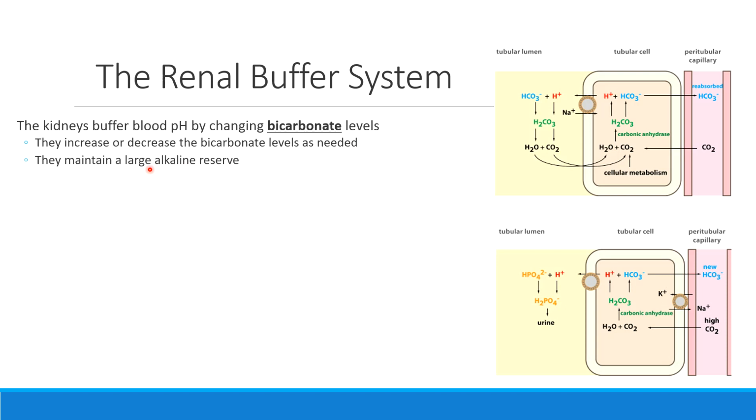Now, if you remember, we said that the kidneys create a very large alkaline reserve, meaning we're always going to be reabsorbing more bicarbonate than we're releasing. We always want to have this on standby because, remember, metabolism leads to a lot of acid synthesis.